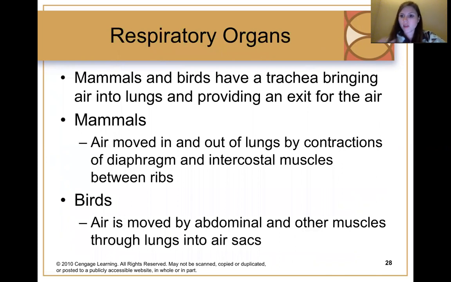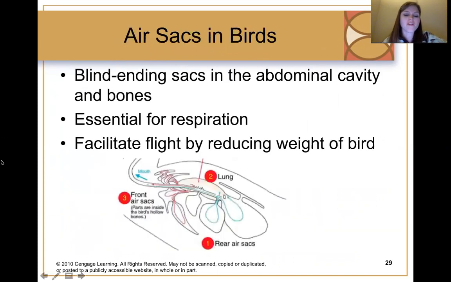So that's kind of how the process of breathing in takes place in mammals. However, in birds, the air is moved by abdominal as well as other muscles through the lungs and into air sacs. So we're going to talk a little bit about that and just how they differ, because I think this is kind of cool that they have developed this.